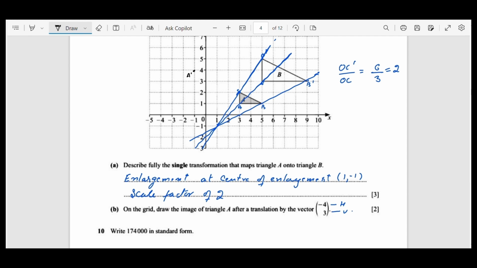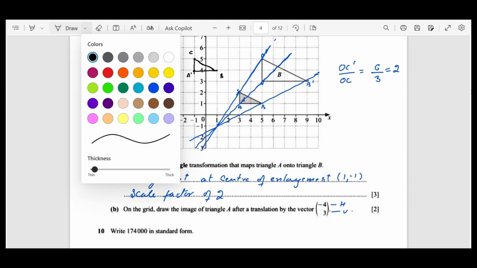Second will be B, which will be 1, 2, 3, 4, 1, 2, 3. This will be our B point, right? And C will be 1 above the A point. So this will be C. So our triangle will be this. You can do it nicely, right? So this will be our answer. Next question.